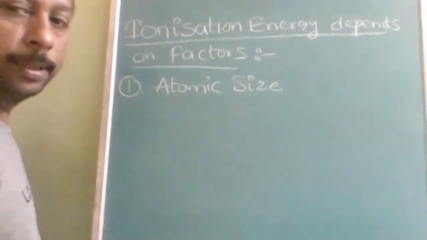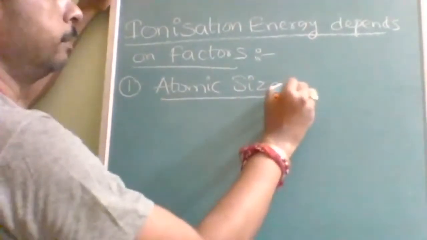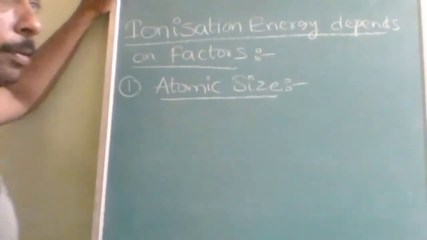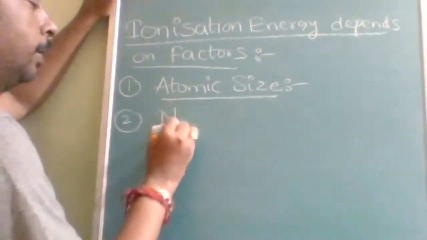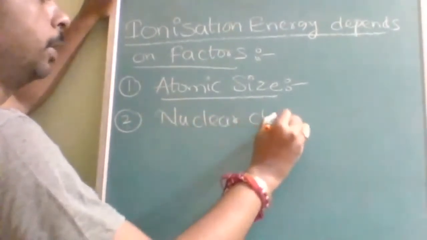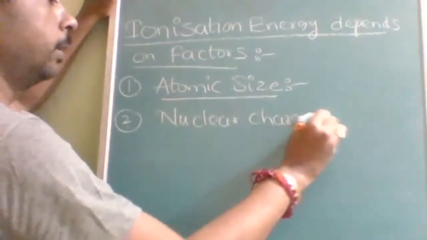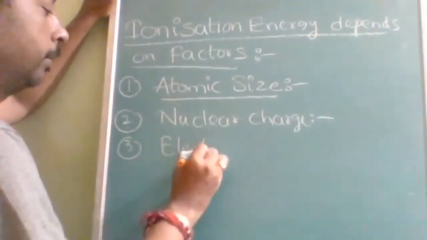These are all factors only. Questions will be there in this chapter. No formula based, but sentence based, factor based, reason based questions will be there. Okay. Atomic size. Second one will be nuclear charge. What is the second one? Nuclear charge. And third one is electronic configuration.